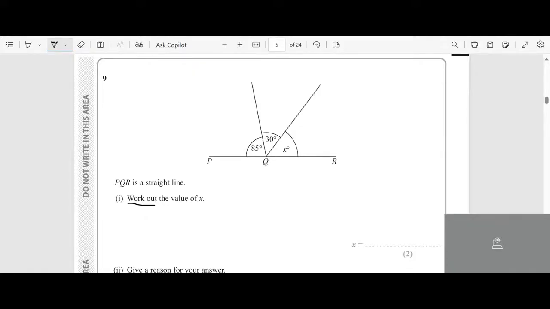You also have to look at the nature of the lines. The question was asking in paper 1, which type of angle is that? We say that the angle is an acute angle since it is less than 90. So we expect that the answer should be less than 90. That is how we know we are getting closer to the answer.